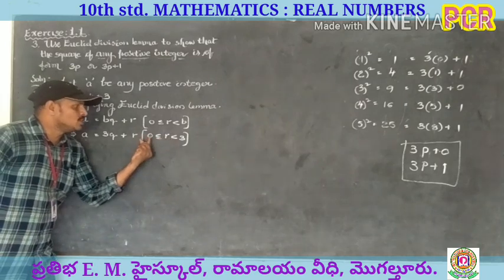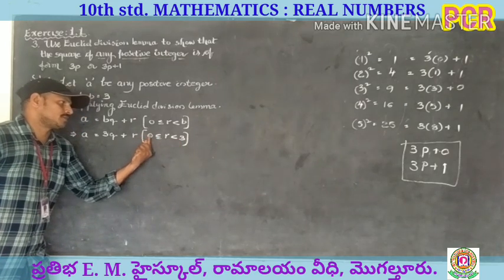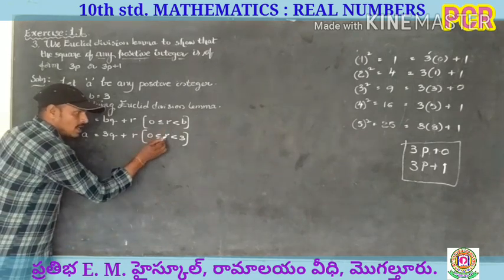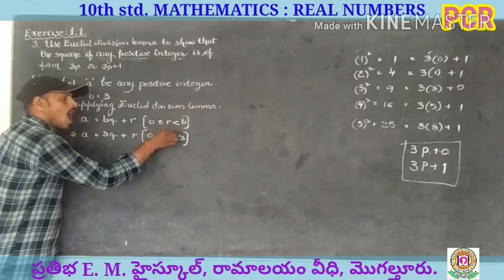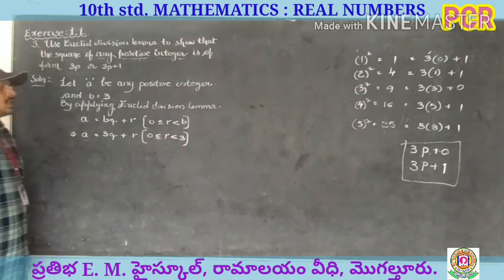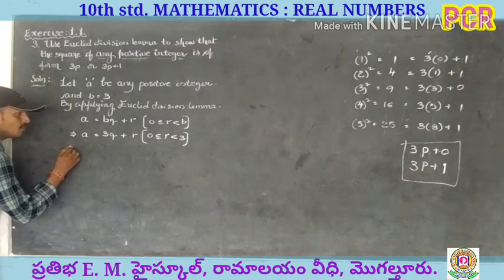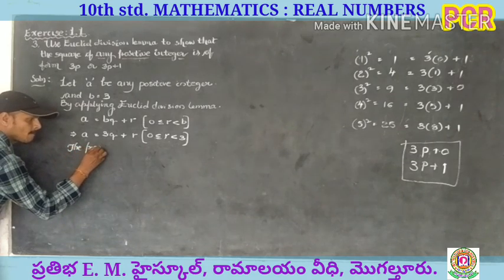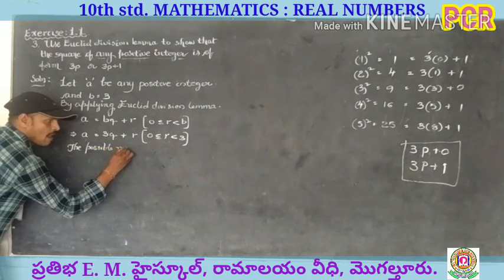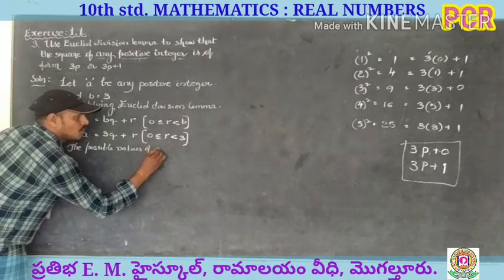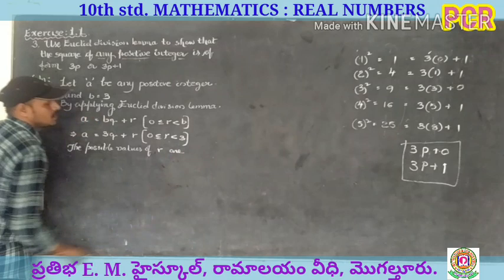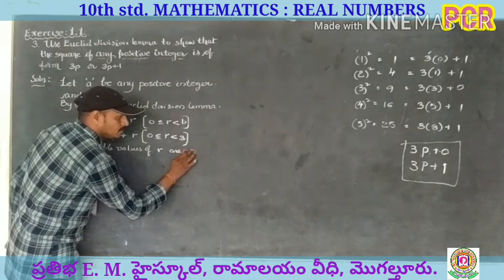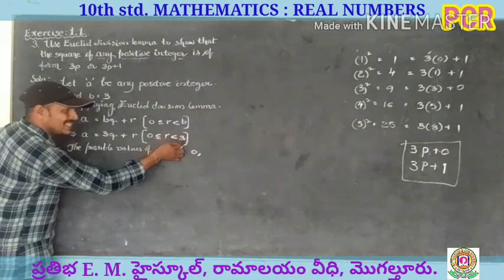Here r is between 0 and 3, including 0. What are the possible values of r? r equal to 0, and less than 3.